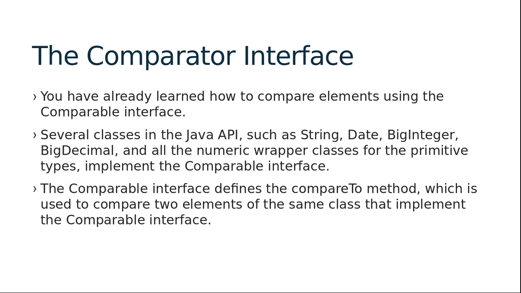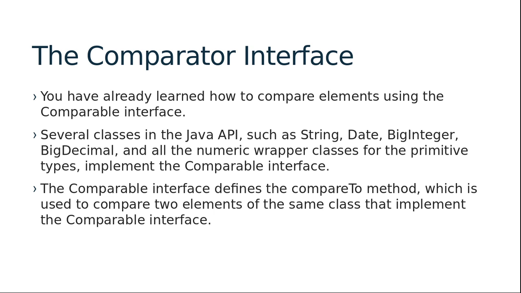Now you have learned the Comparable interface, where you have the compare method which is going to compare two objects of the same data type. But there are multiple places where we need to compare two elements of different data types, let's say.